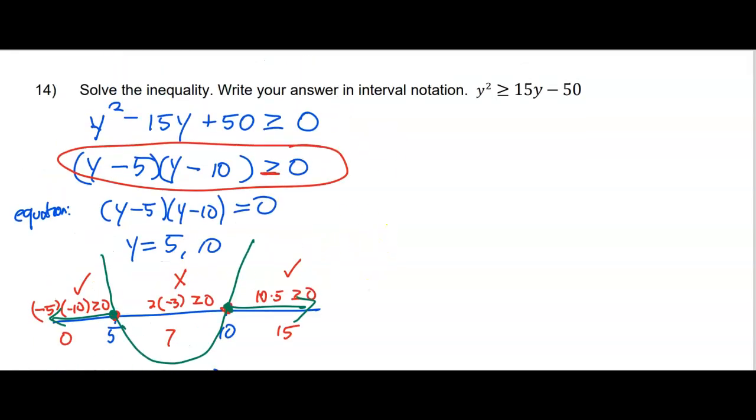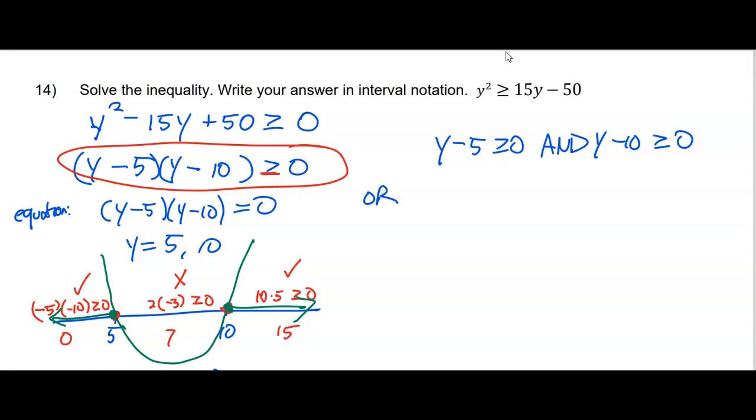Okay, the other method that is not discussed in most books, but here we have two numbers multiplying to be positive. The two types of numbers that are multiplying to be positive, either both positive, so y minus 5 greater than or equal to 0, and y minus 10 greater than or equal to 0. Both of those have to be true, so let me make that and. Or they both have to be negative.